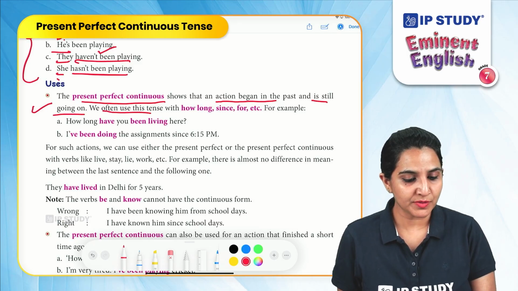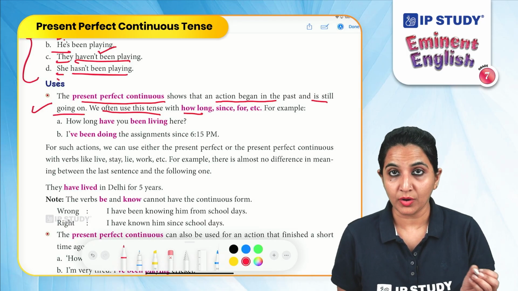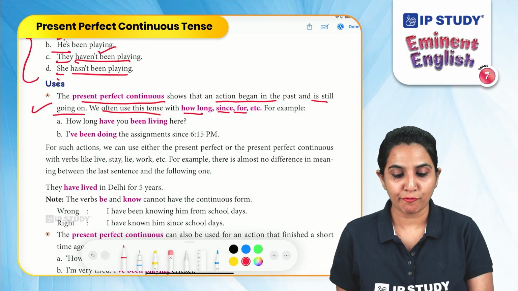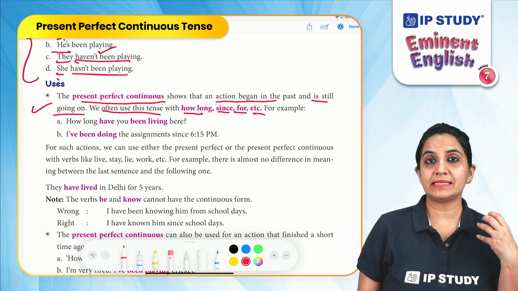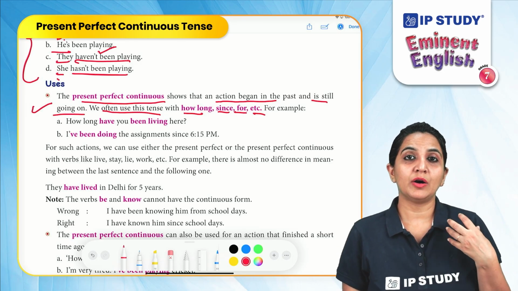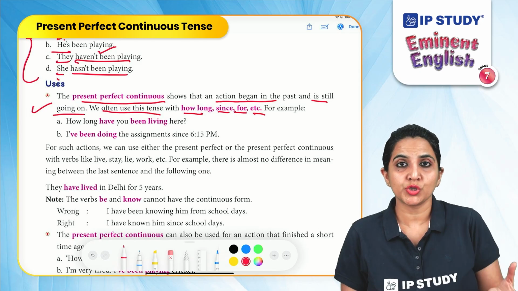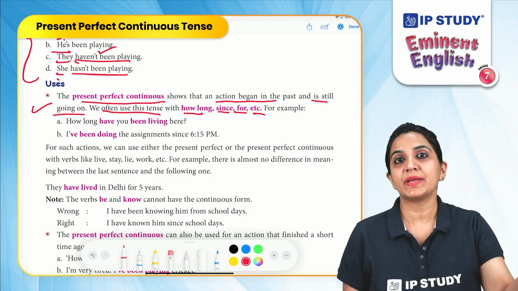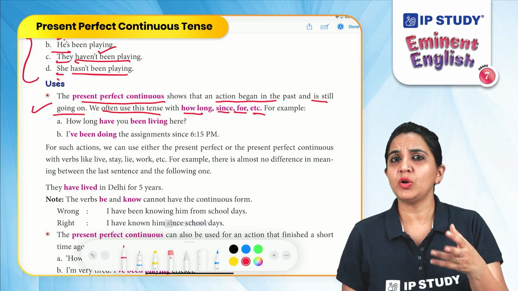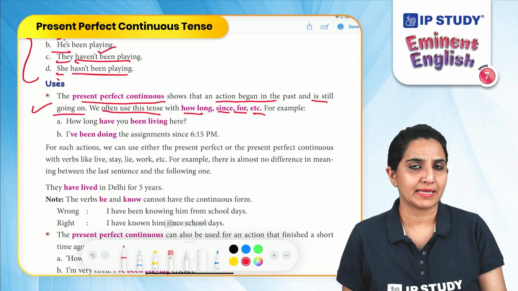We often use this tense with how long, since, for, etc. For example, in the sentences where we want to state for how long something has been happening. For example, how long have you been staying in this house?